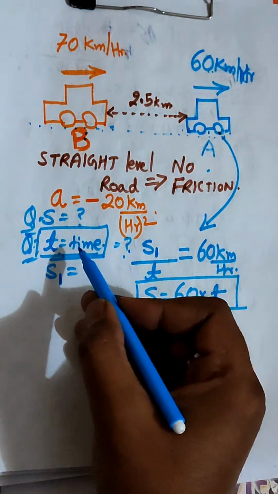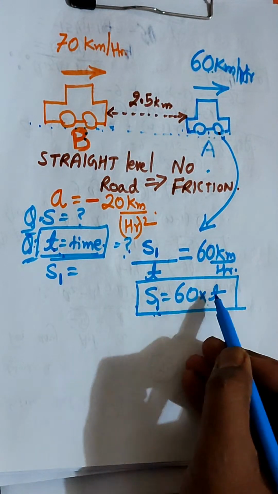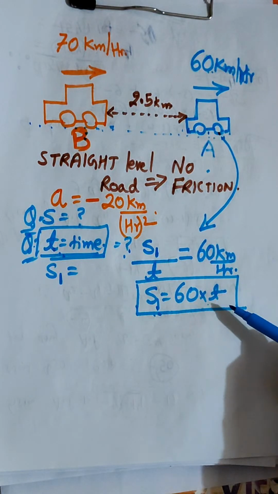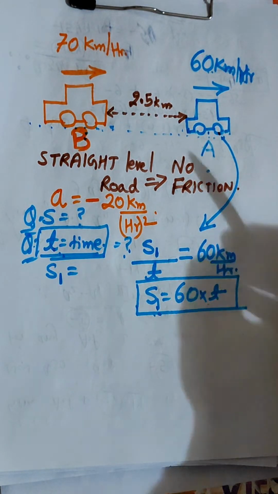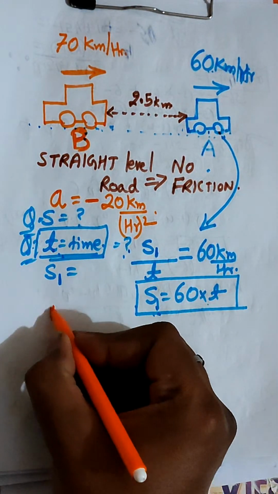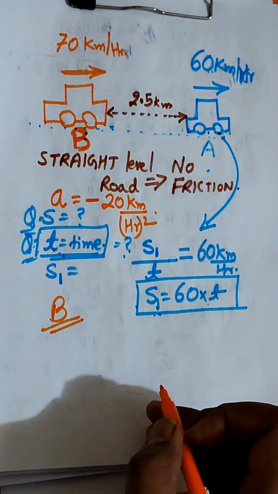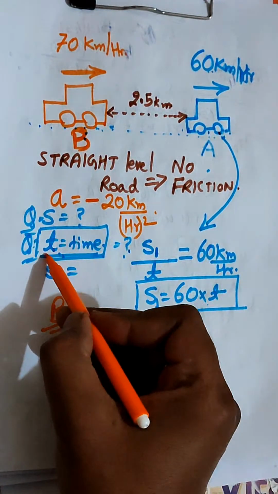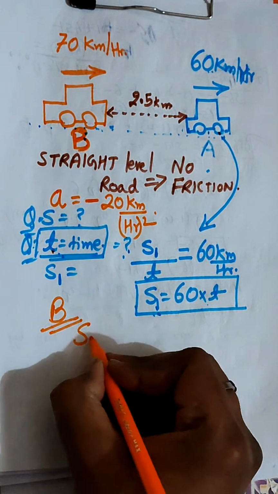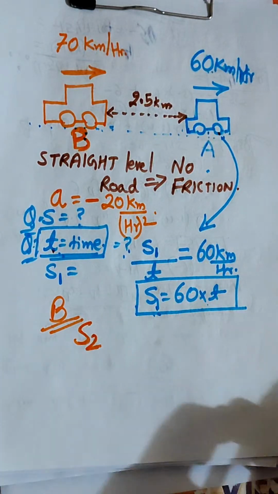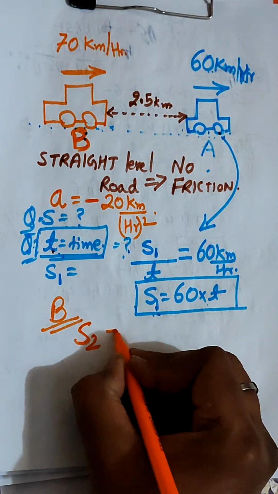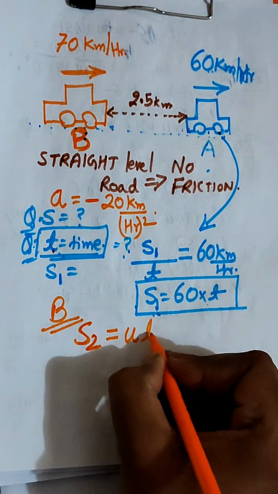One of the relations is derived from the data given for car A, that is 60 into T. Now let's come to car B. Let's say in this time the distance traveled by car B is S2. By the equation of motion we can use the relation s equals ut plus half at square.